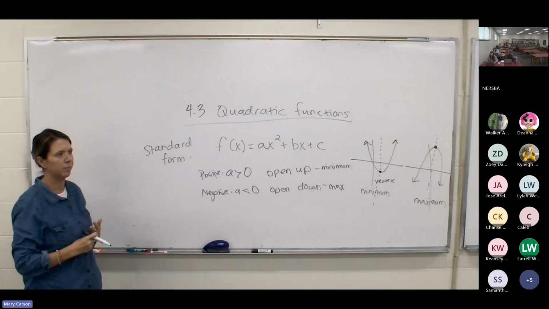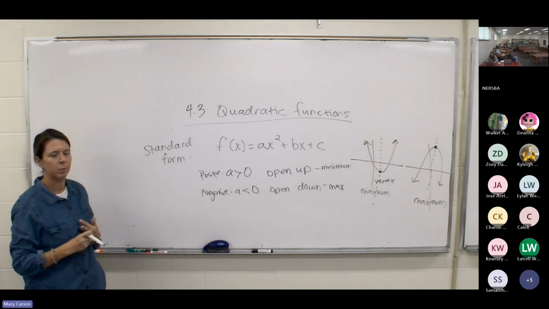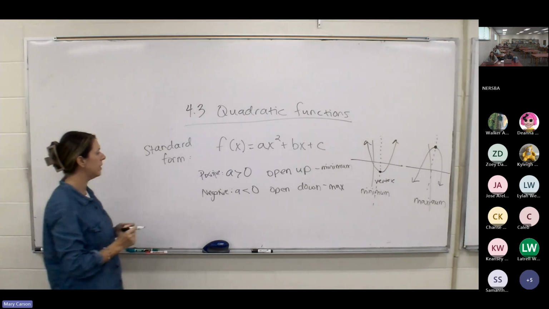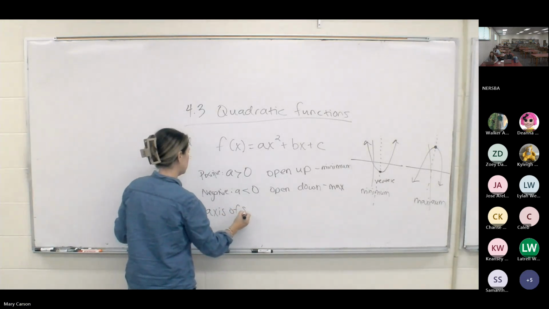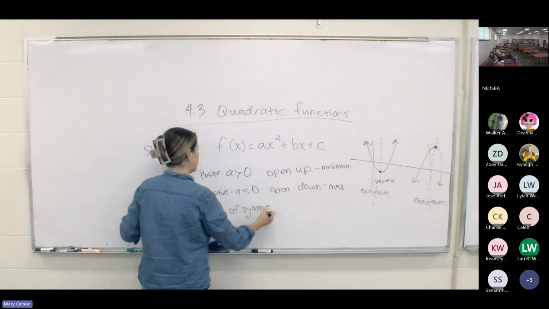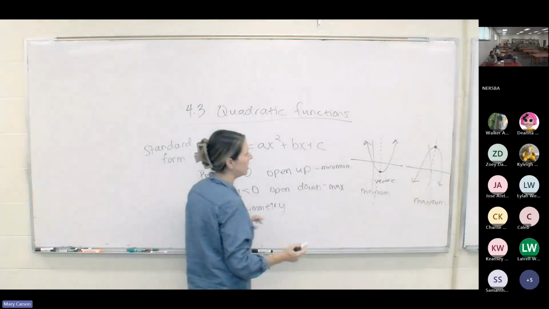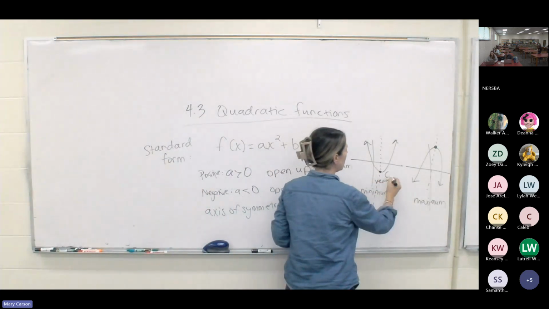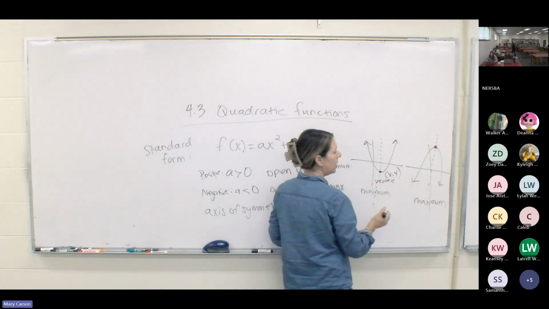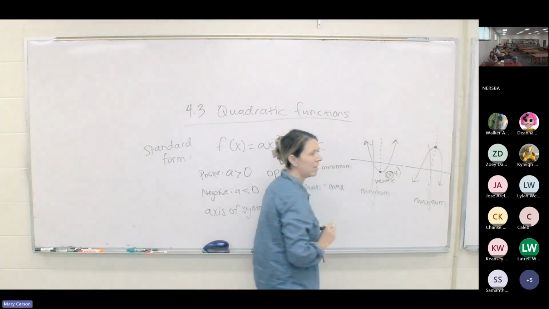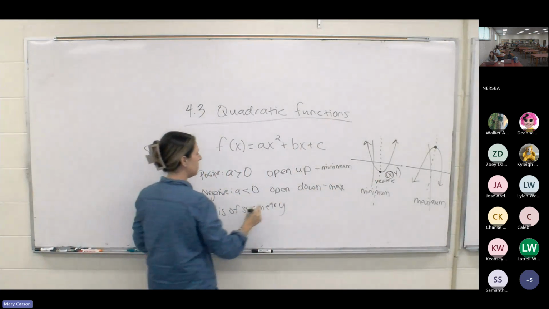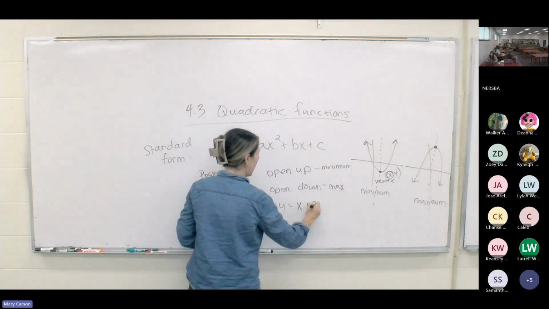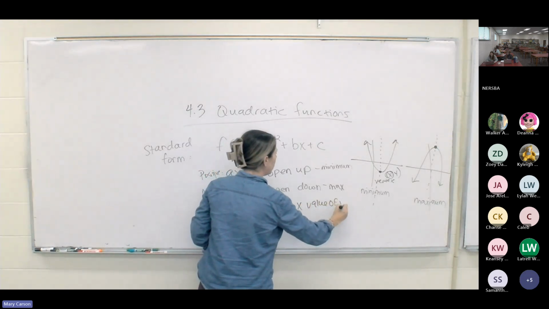It's called the axis of symmetry. So there's actually an equation that we can find. Think about your vertex, it's like your x, y, right? Your axis of symmetry is the x value of the vertex. It's like a vertical line. So axis of symmetry is going to be the x value of your vertex.